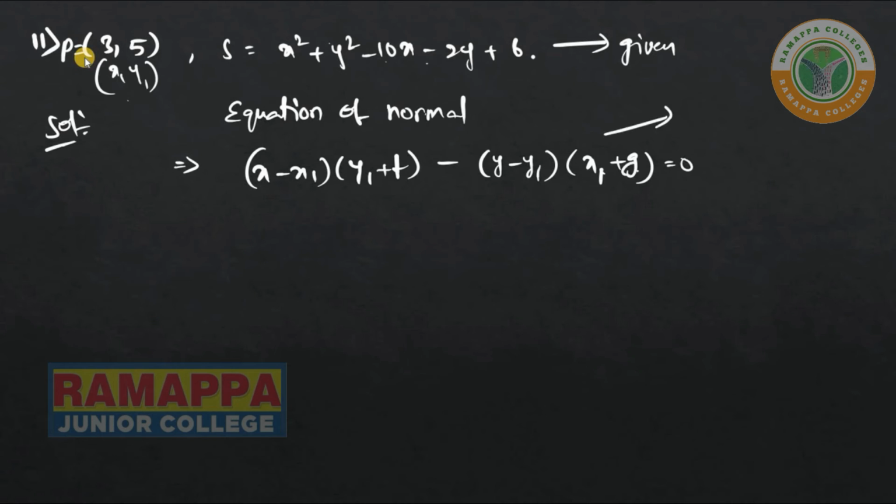So please go through this theorem, compulsorily go through the theorem, then only you can understand what is going on here. So it will be easy for you. Let me check once. In the Telugu Academy book, there is a question like this, and the diagram is like this. Here one circle is there and this is a tangent, and a normal goes inside through the center C, where P is a point.